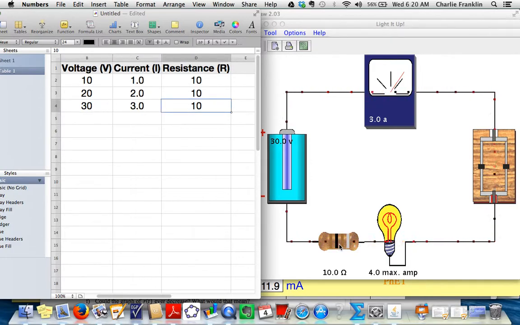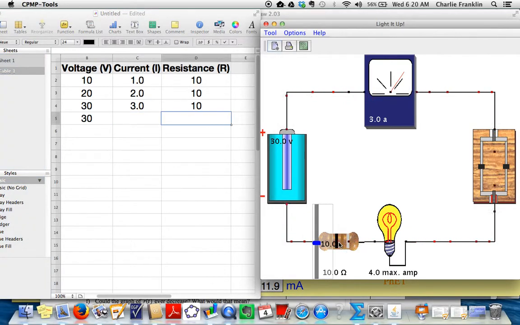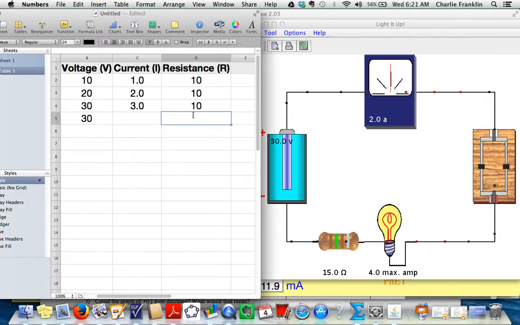So as I increase the resistance, we'll keep the voltage at 30, and as I increase the resistance on this resistor up to, say, 15, hard to get it right at 15, but there we go. Now we've got a 15 ohm resistor here.